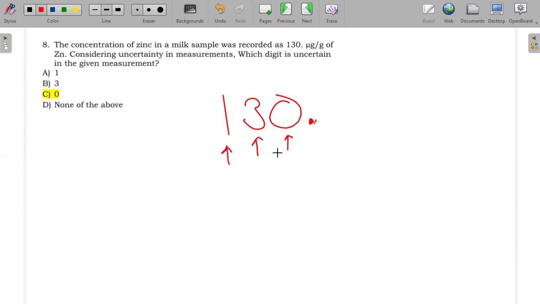The last significant figure here is 0. No wonder here they're asking what digit is uncertain. The 0 becomes the uncertain digit because it is the last significant figure. And then the certain digits will just be 1 and 3.